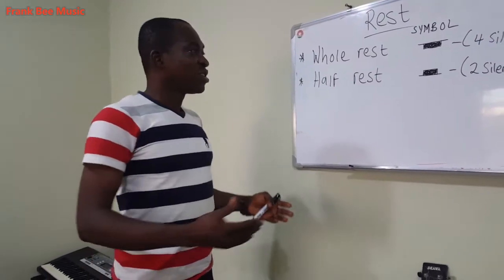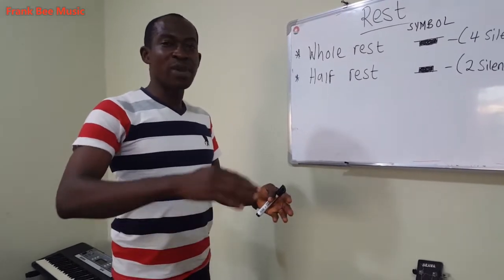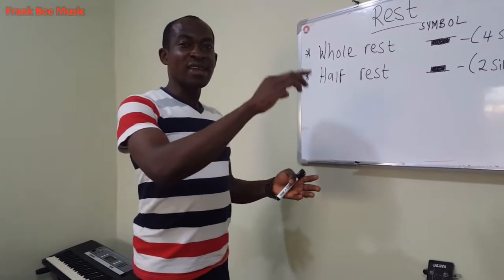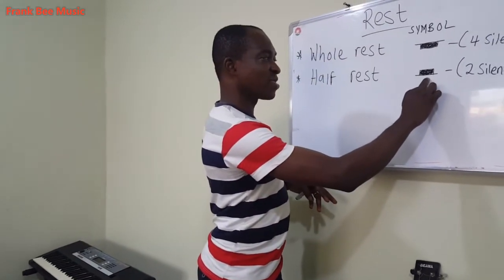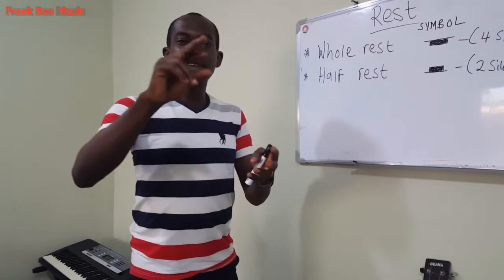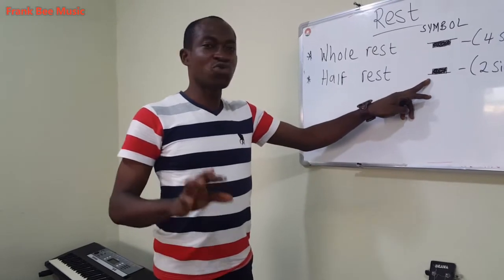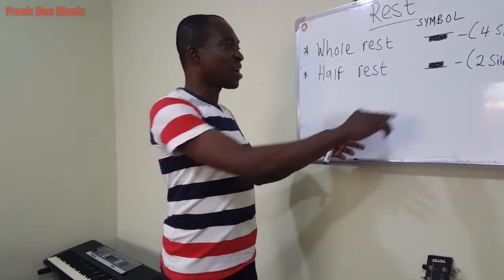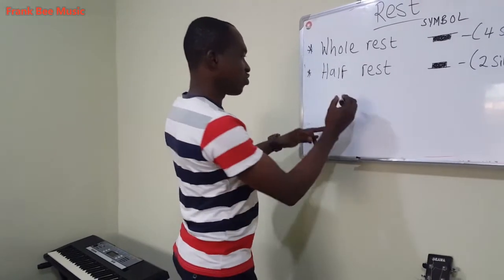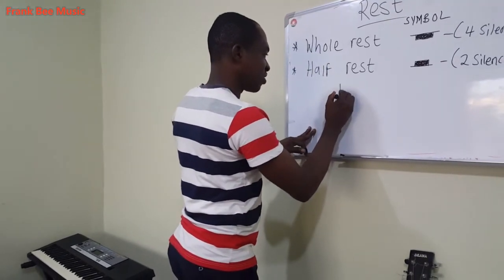For instance, you were playing something, da da da da, and you saw this. After the da da, when you see this, it tells you to rest for 2 counts. So it's like da da da da. So let me do something like this for you to see how it works.